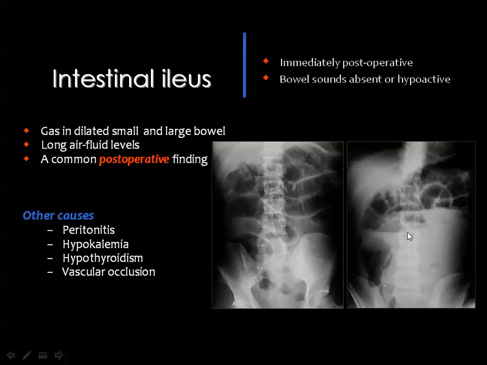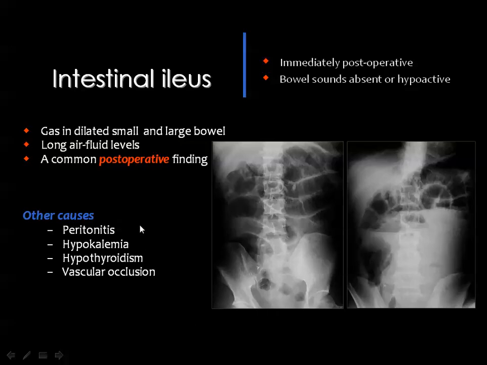Then intestinal ileus, which means functional intestinal obstruction, occurs immediately in the early post-operative hours, and the bowel sounds are absent or hypoactive. This is a well-known condition, especially following surgeries, and it takes a few hours, and the ileus is relieved.